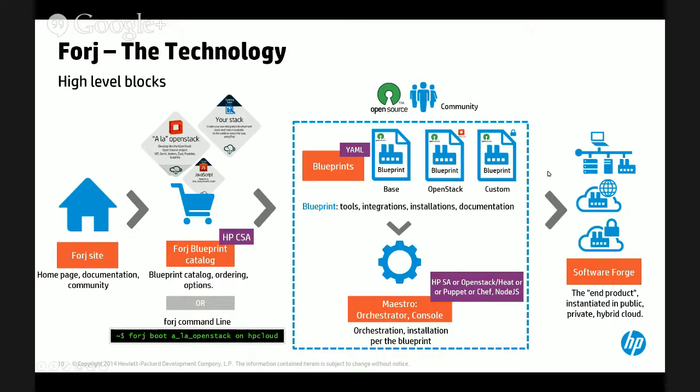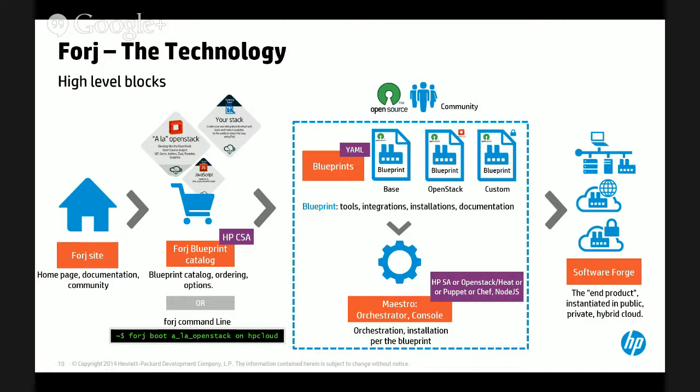And then the Forge itself, so we mentioned the blueprints. I think by now you understand the various concepts there. They are described in YAML, which is popular these days. And they are digested by what we call Maestro. We already talked about Maestro, but Maestro is our orchestrator, our console.